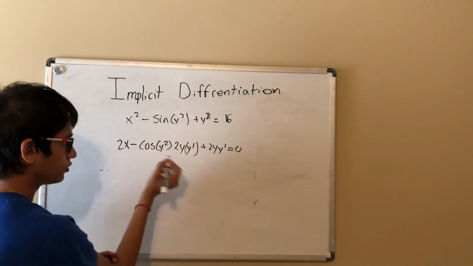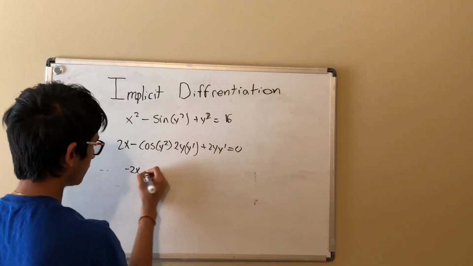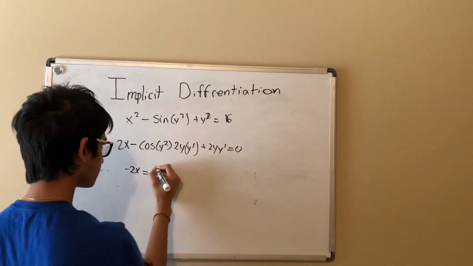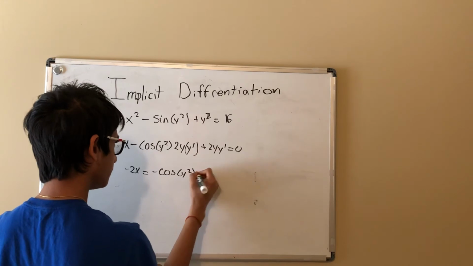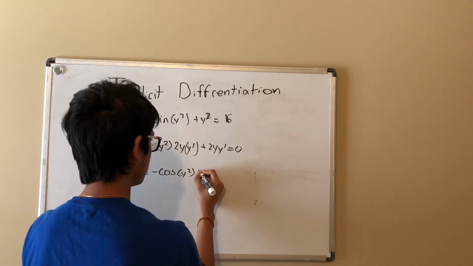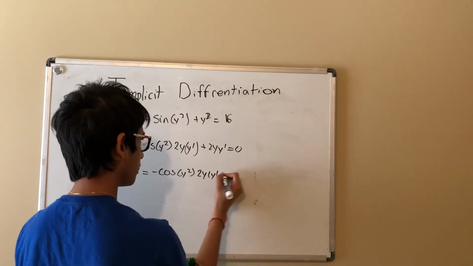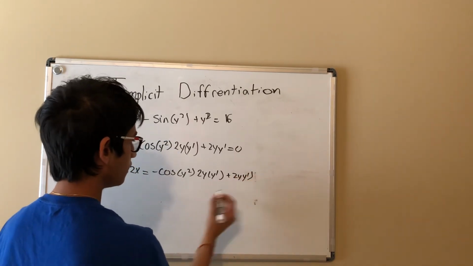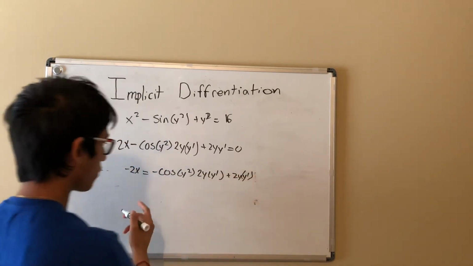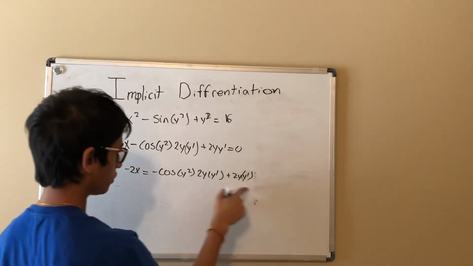Right, so then you move the 2x onto that side. And you get -2x equals negative cos y squared 2y y prime plus 2y y prime. You factor out a y prime from both of these.